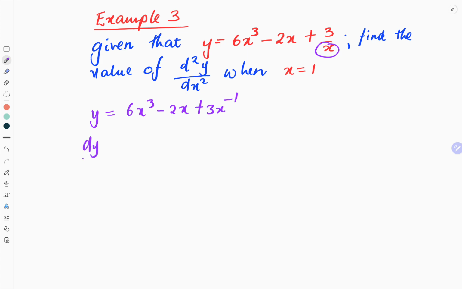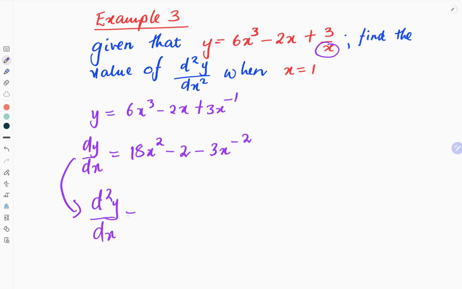The first derivative will be equal to 18x squared minus 2 minus 3x to the power negative 2. And you can further differentiate this to get the second derivative, and that will be equal to 36x. Then the derivative of a constant is 0, plus 6x to the power negative 3.